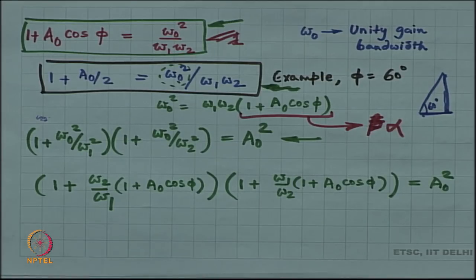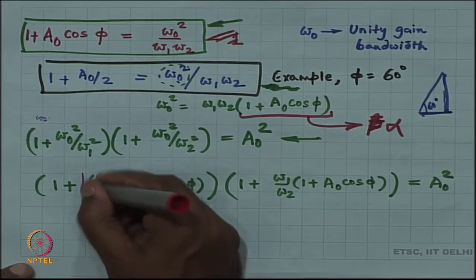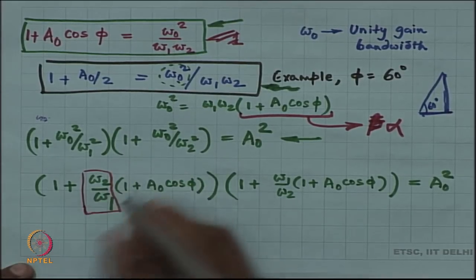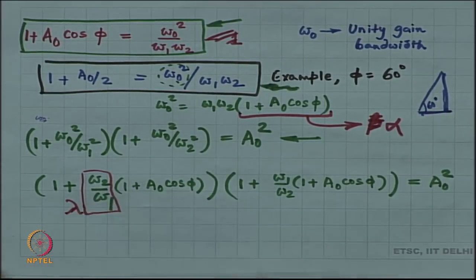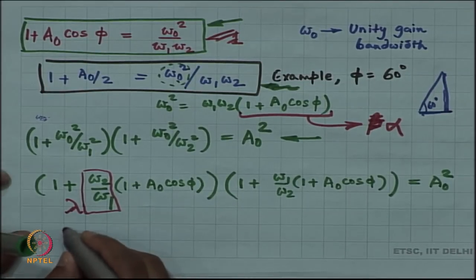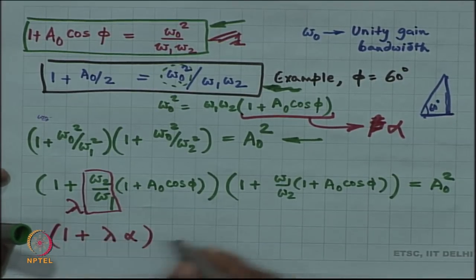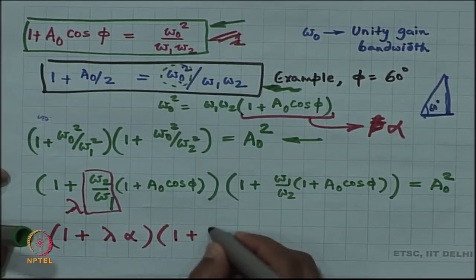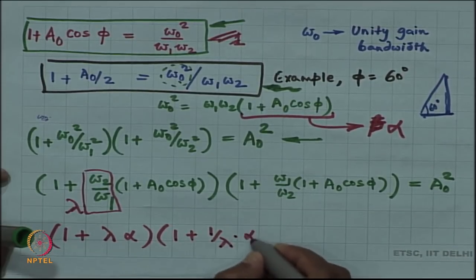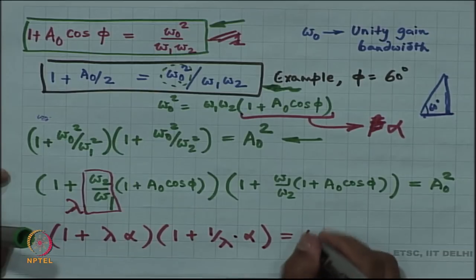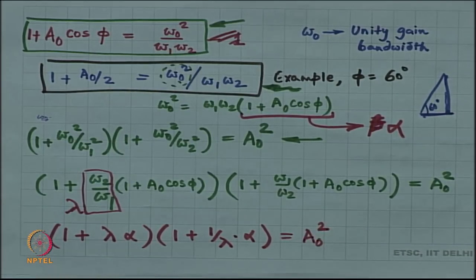I am going to call omega 2 by omega 1 lambda. So, now I am going to rewrite my expression: 1 plus lambda times alpha times 1 plus 1 by lambda times alpha is equal to a naught squared. This looks much simpler than before.